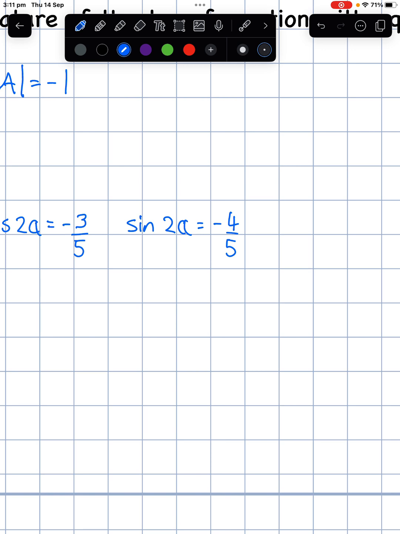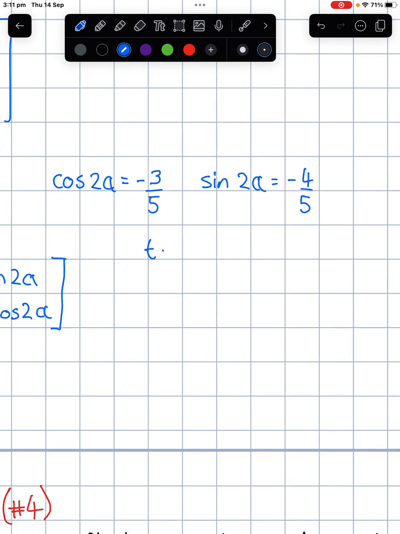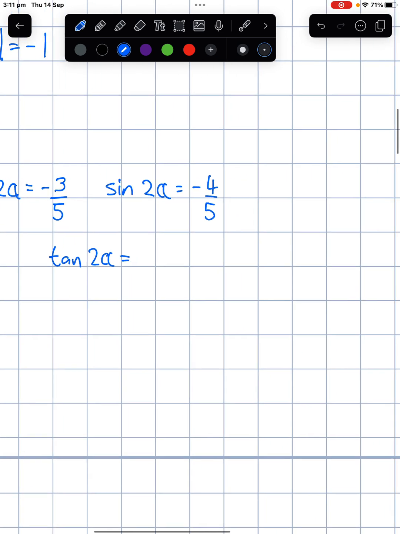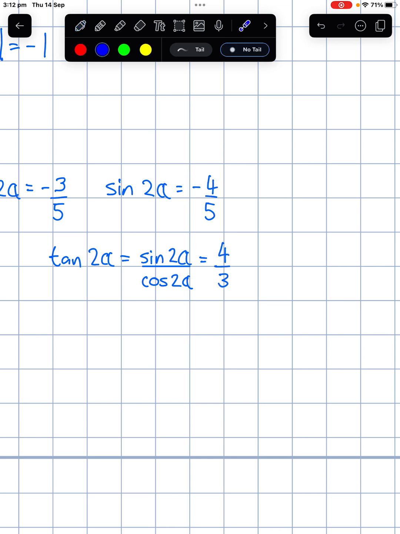Okay, and from this we can go, well, tan 2 alpha is going to equal sine on cosine, so sine 2 alpha on cosine 2 alpha, which means it will equal 4 on 3, because they both have a denominator of 5.